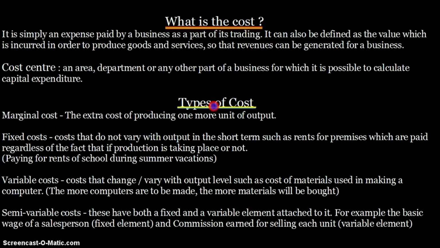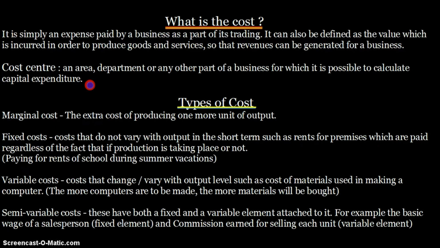Now, before moving on to the types of costs, I also want to highlight this small definition. What is a cost center? Because we're gonna use this term cost center when we discuss certain types of costs. So, cost center is basically an area, department, or any other part of a business for which it is possible to calculate capital expenditure.